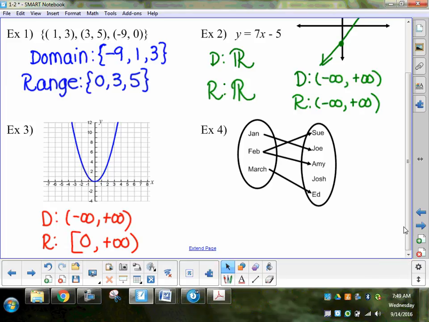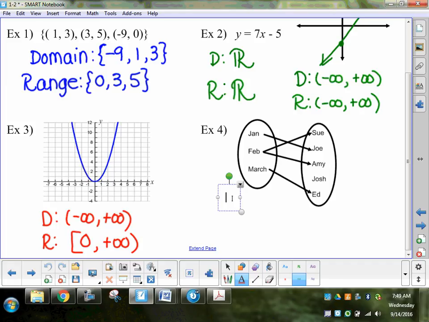Now, over here, just so we're aware, this would not be a function. Hands up, please, if you can tell me why example 4, this relation, is not a function. Every input has like 2 outputs. You said something in there that's not right, so I'm going to say no, but you are very, very close. What did you say again?